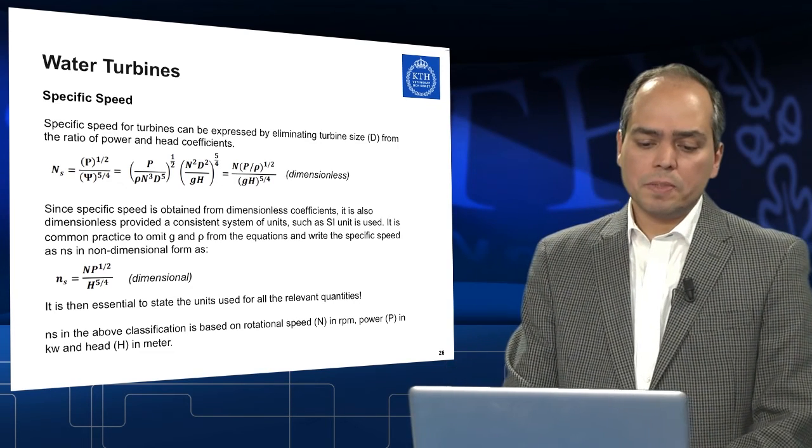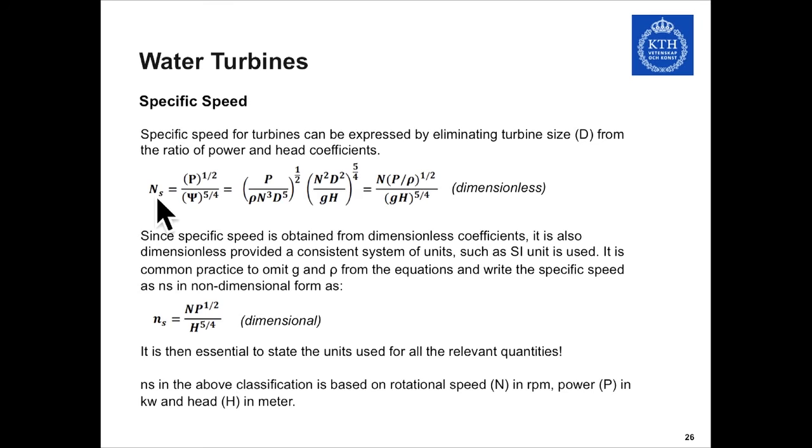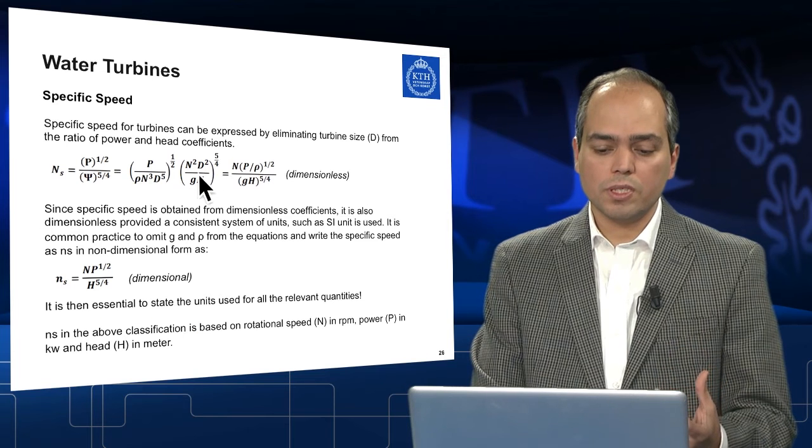Getting back to specific speed, the specific speed for a turbine can be expressed by eliminating the turbine size, d. So this is the specific speed. If we relate these two dimensionless factors in this way, then we will be able to eliminate d, which is the size or the diameter of the turbine.